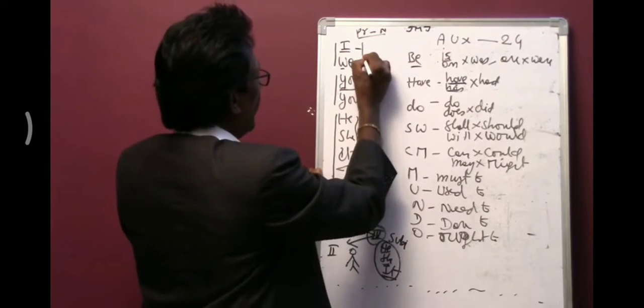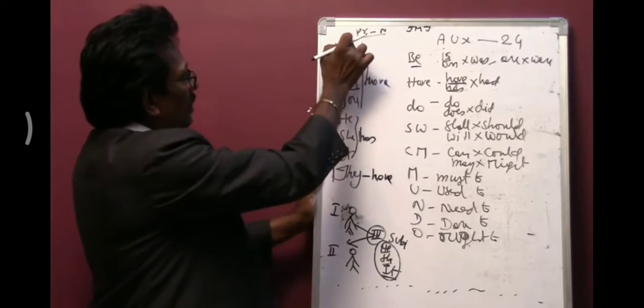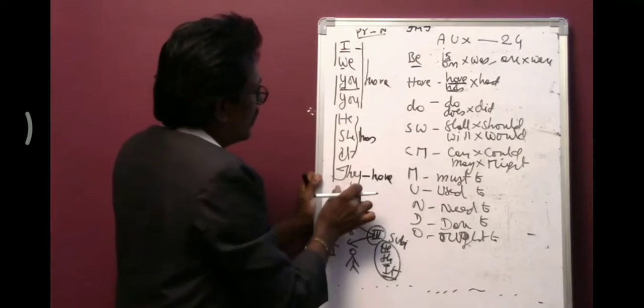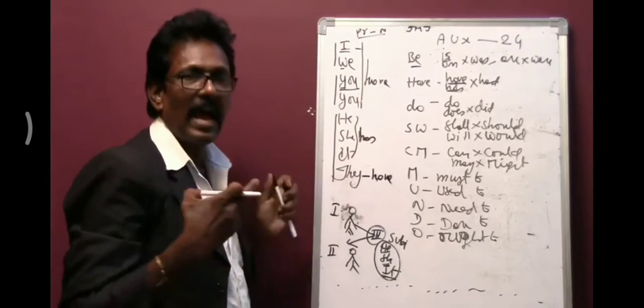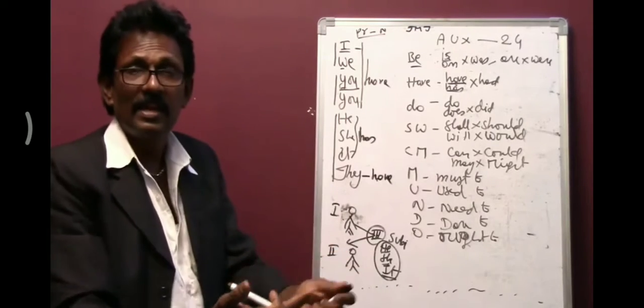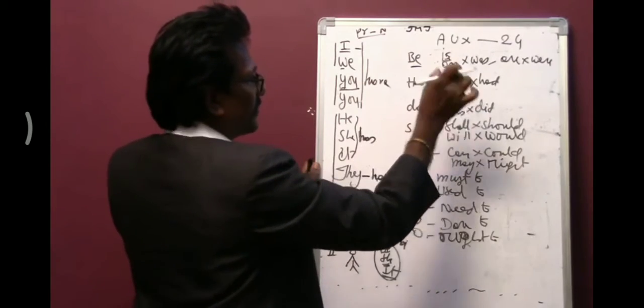You have, I have. Though I is singular, it is being treated as plural. I have a car. Now if I sell it, I had a car, you can say. So it shows the ownership of something.